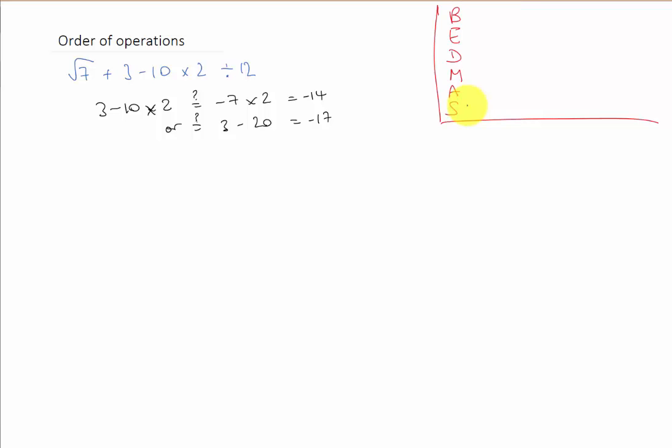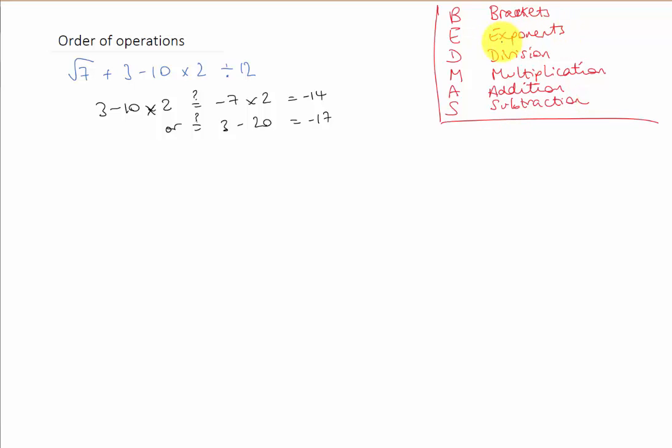And this is the acronym that I know. You might know a different one. I don't really mind. So this is B for brackets, E for exponents, D for division, M for multiplication, A for addition, S for subtraction.